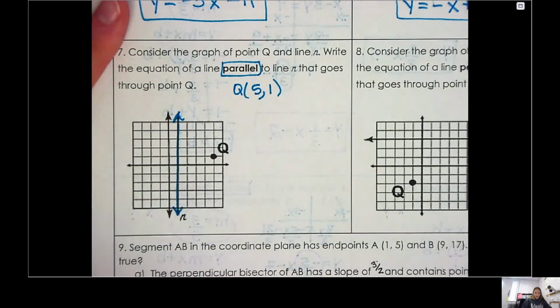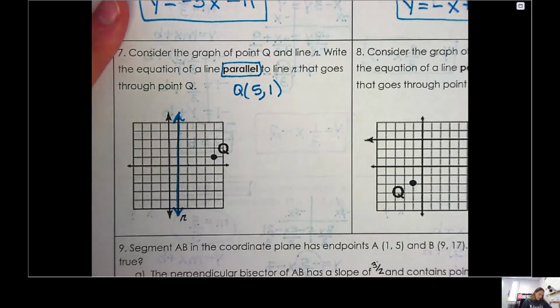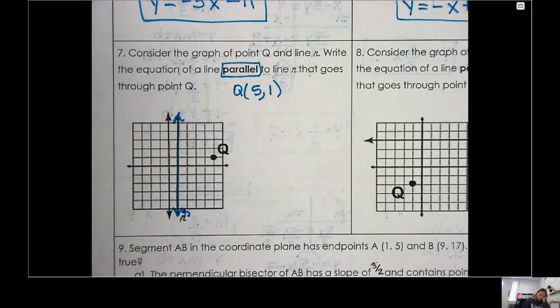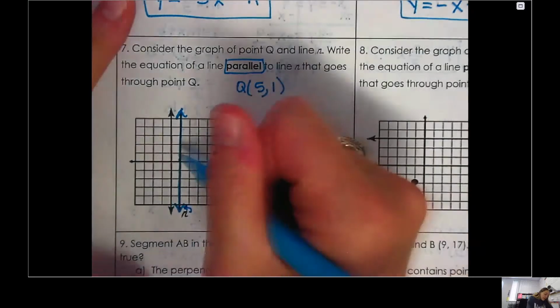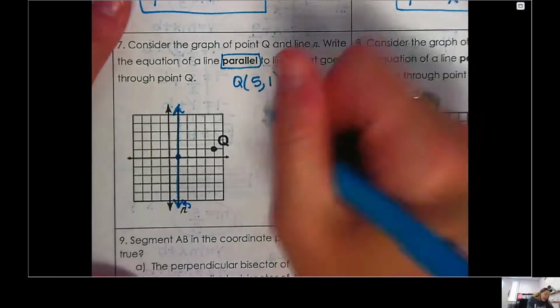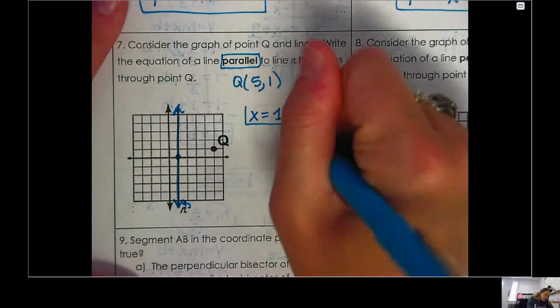So to write the equation of a vertical line, all we do is, I think I actually did this wrong now that I'm looking at this. This N should be over here, but okay, I'm going to say this line is N, my bad. I kind of pushed it off to the side. Okay, if this line crosses the x-axis, it crosses it at a +1 right here. So to write the equation of this line, I just write x equals, and then it's a +1.